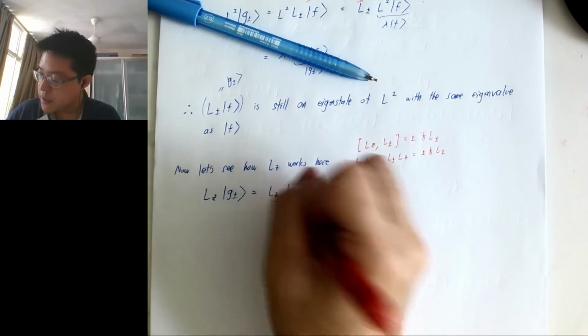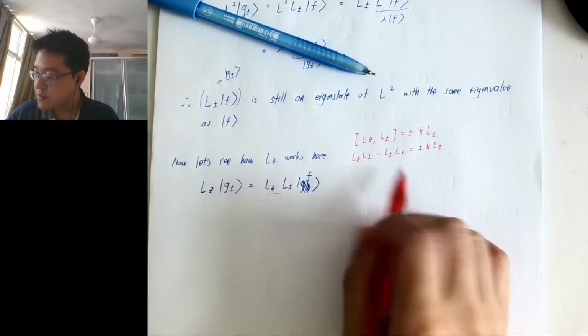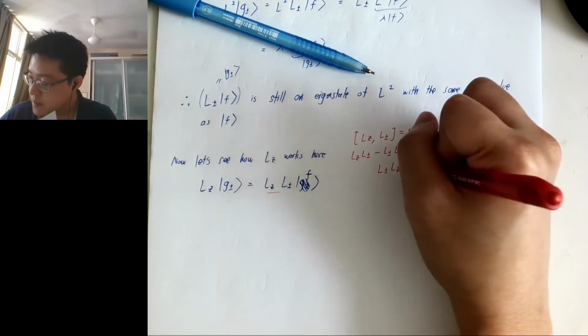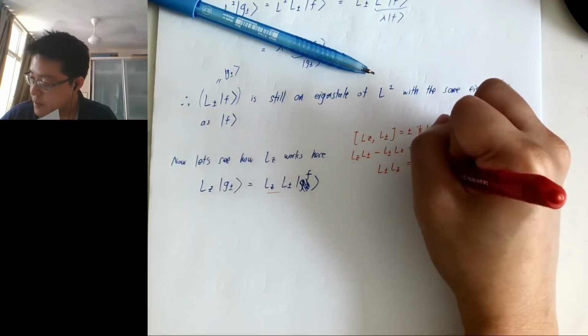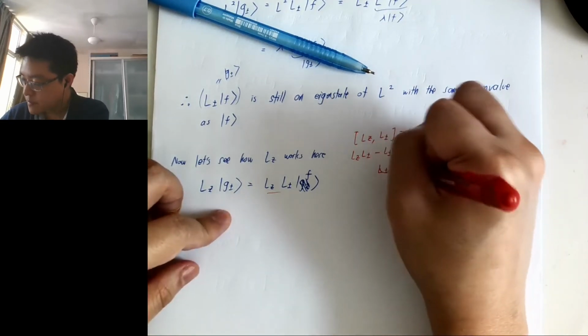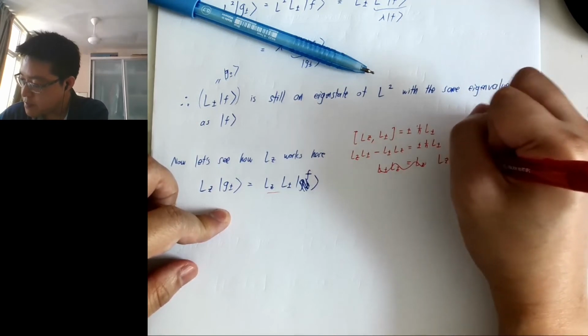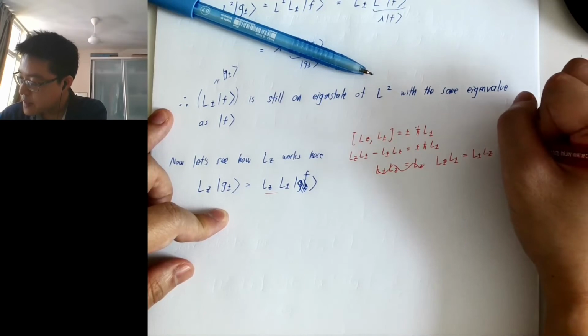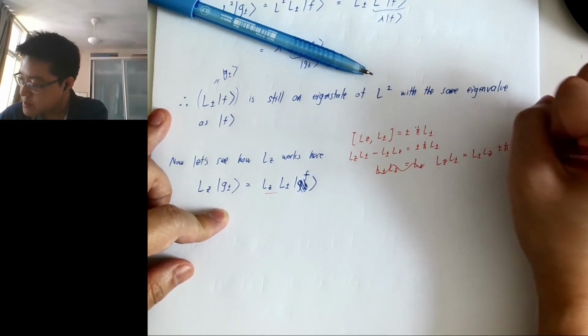I want to change this to this. So we found that Lz L plus minus is equal to L plus minus Lz and then plus minus h bar L plus minus.